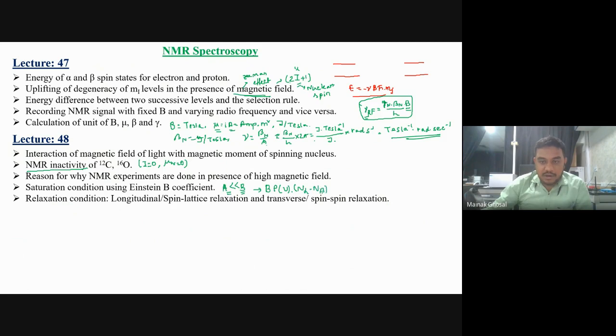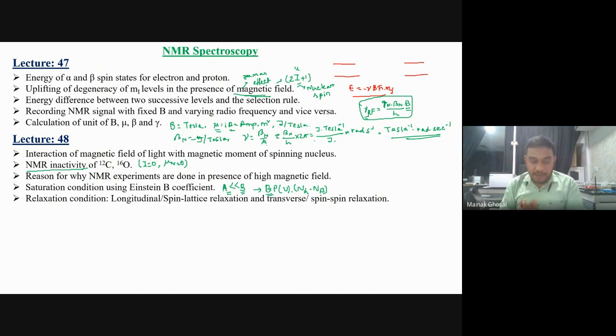And this B is not the magnetic field here. This B is called the Einstein B coefficient. Using the Einstein B coefficient, you can easily tell the saturation condition, or under which condition the difference will be maximum.